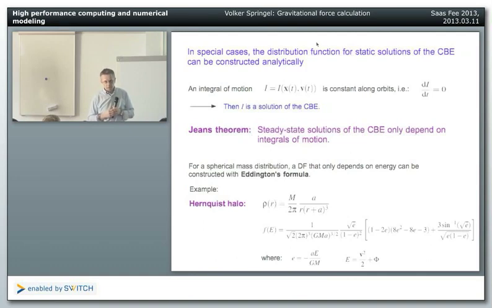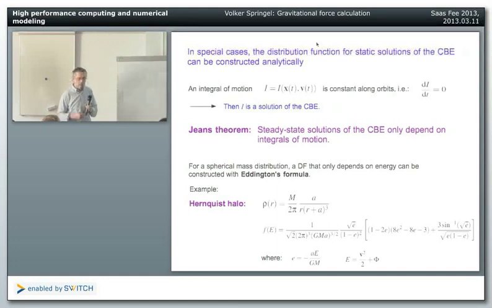How do you do this then in practice? How do you set up these initial conditions? Well, as far as the Hernquist halo goes, you're lucky because that admits an analytic solution to the distribution function, depending only on the energy. This is derived in a very complicated way with the Eddington formula. Even applying this formula is not entirely trivial.